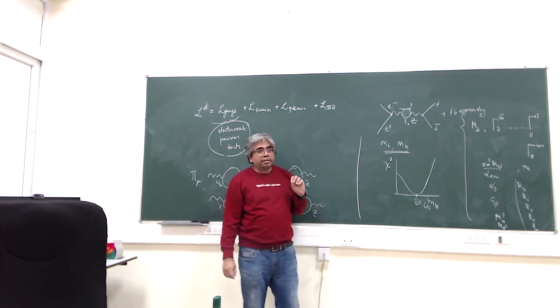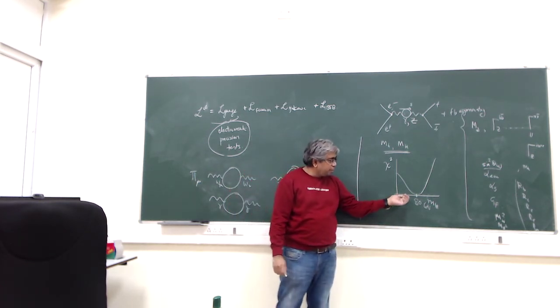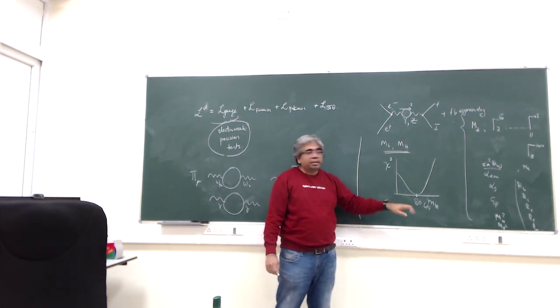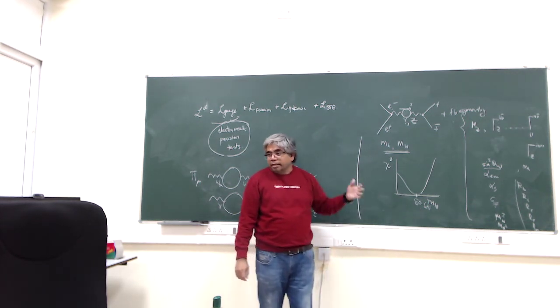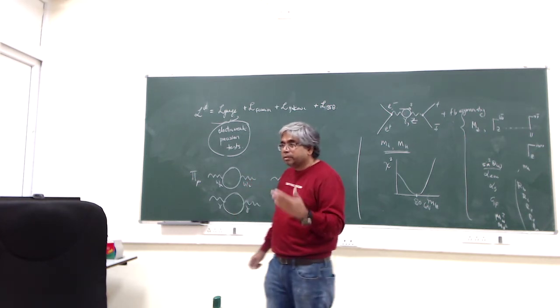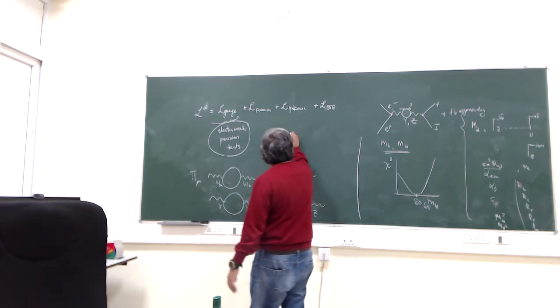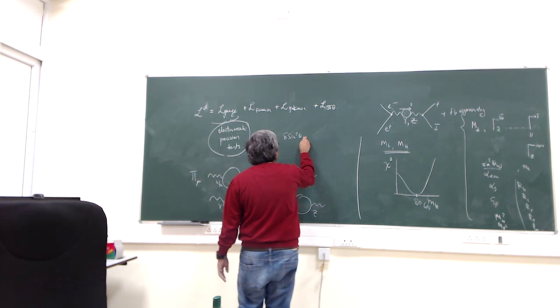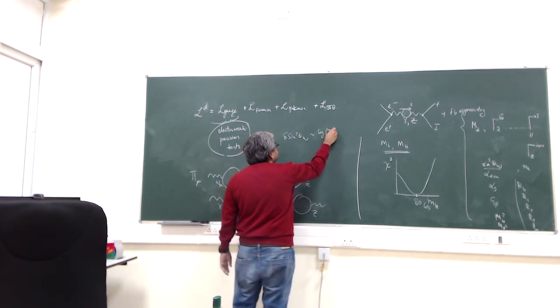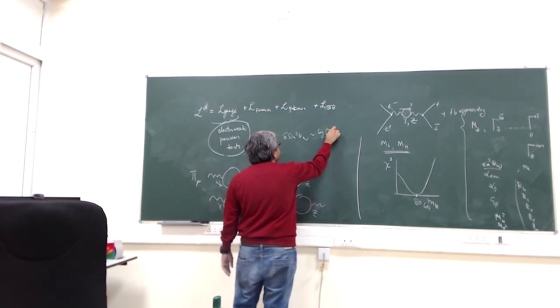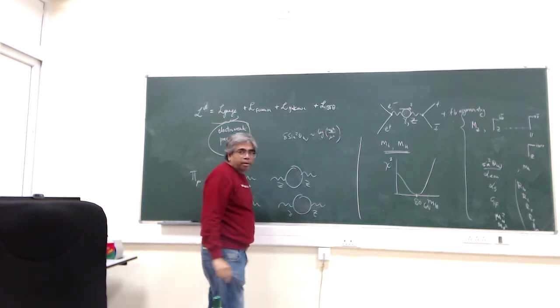But the main reason why this was not taken so seriously is that in all this process, the Higgs enters through logarithmic divergences. So if you want a correction to sin square theta W, the delta sin square theta W coming through the Higgs will be proportional to log of mH square by some scale square.